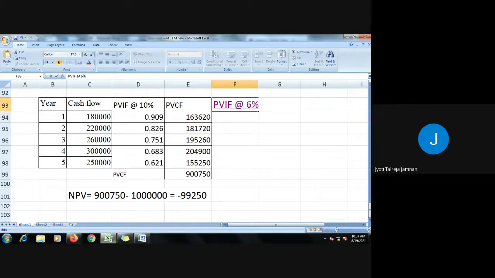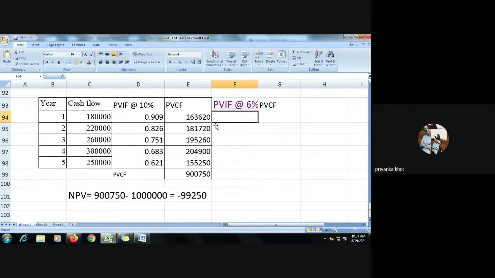Differ a little bit means it will differ in decimal points. That is okay, because this is our trial and error method. When we use that shortcut formula, we don't get the exact answer, we get an approximate answer depending upon the rates and the gap difference between the rates that we have selected. Is that okay?